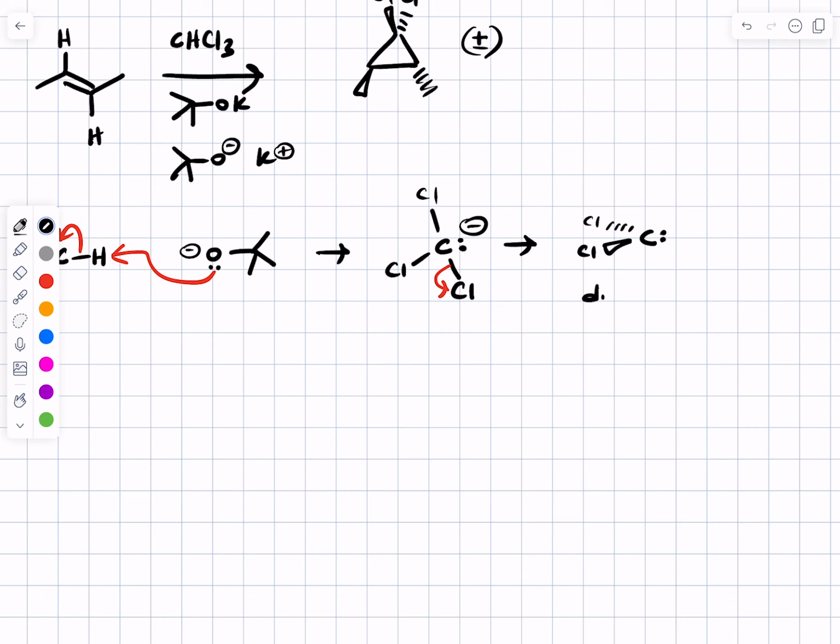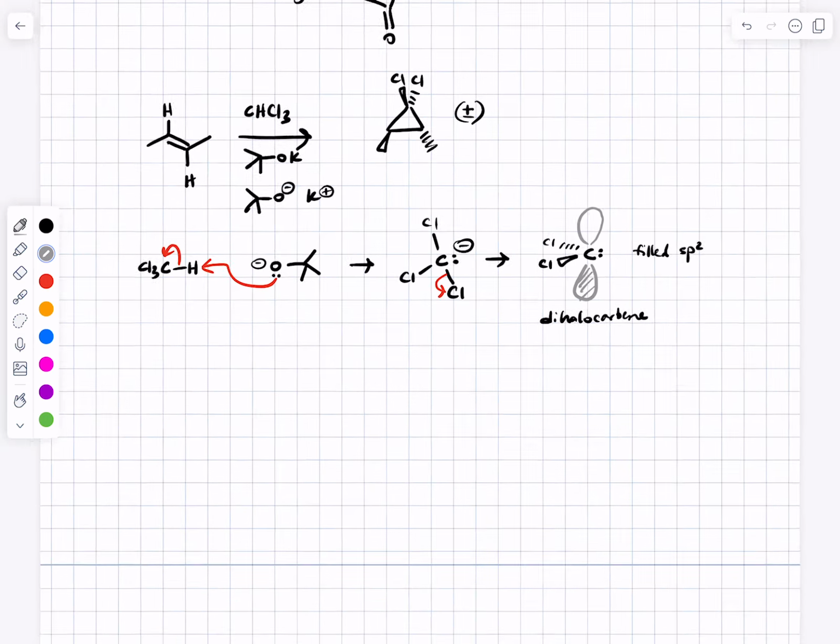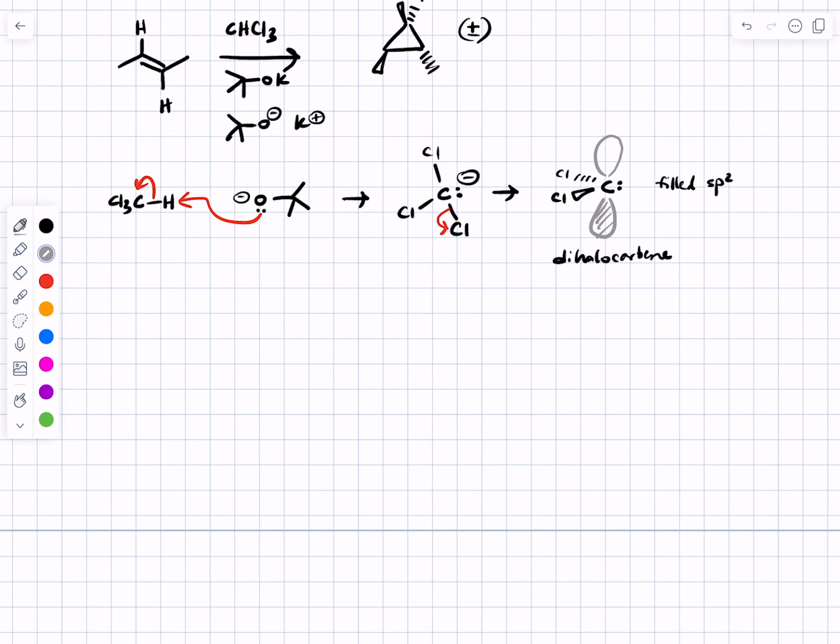It's called a dihalocarbene because there are two halogens on the carbon. You can see the filled sp2 orbital corresponding to the lone pair and the empty p orbital, which I need a little bit more space to draw, on the carbon. Then this will react in the same way that we saw before.